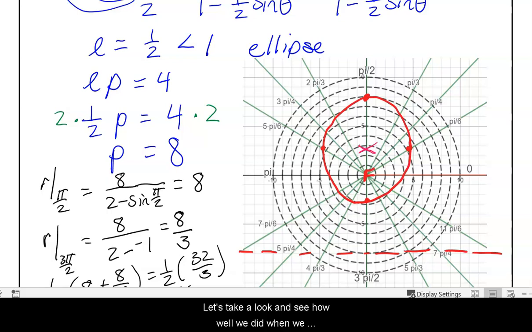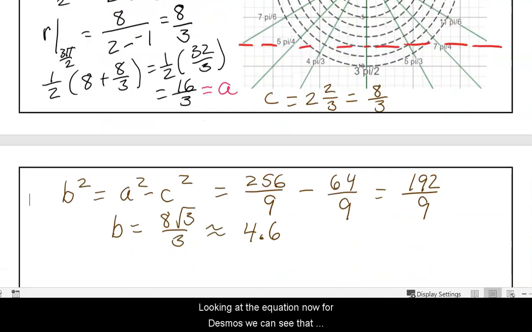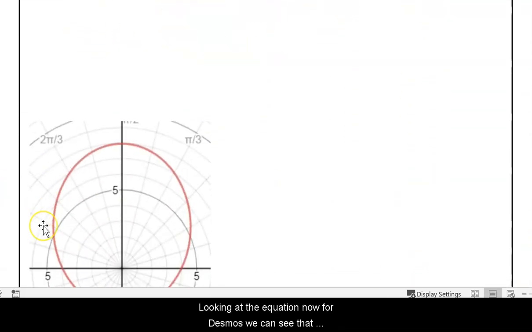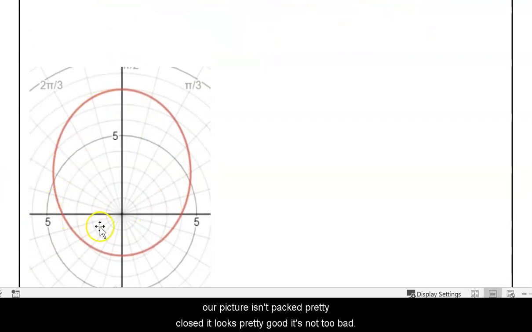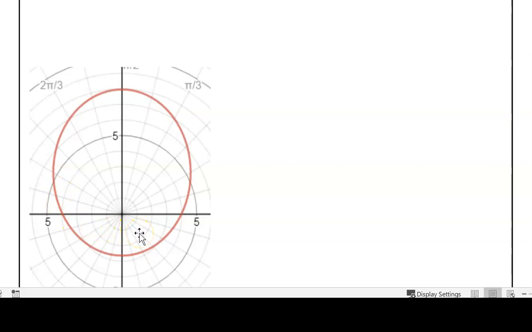Let's take a look and see how well we did when we compare it to what Desmos has produced for the same equation. Looking at the equation now for Desmos, we can see that our picture is in fact pretty close. It looks pretty good. It's not too bad.